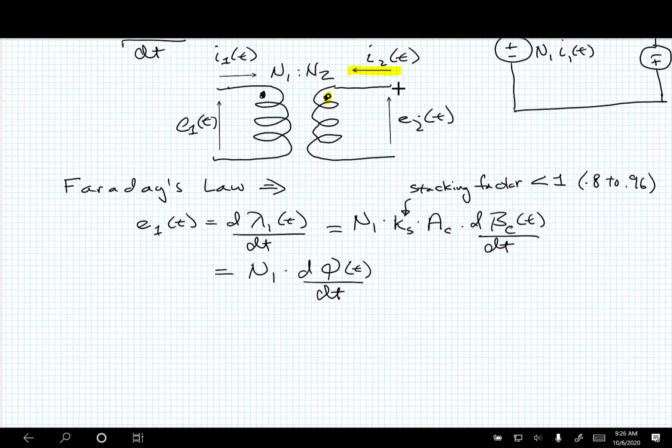Okay, if we look at the other side of the winding, so this is the primary side of the transformer and this is the secondary side. E2 is the derivative of lambda 2 dt.